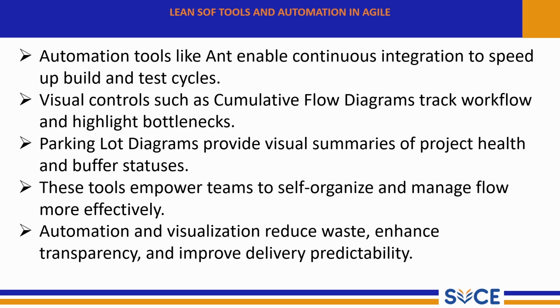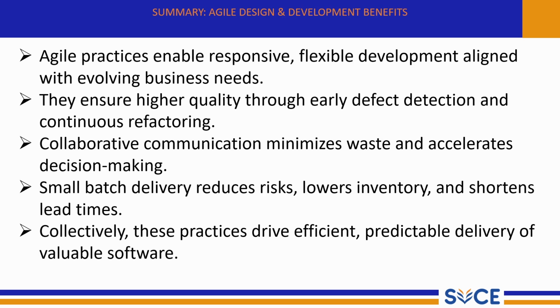As a result, teams can deliver software more predictably and with fewer delays. So overall in Agile, automation and visual tools improve speed, quality, and team coordination while reducing waste and avoiding delays. Now, let's see the overall summary of Agile design and development.